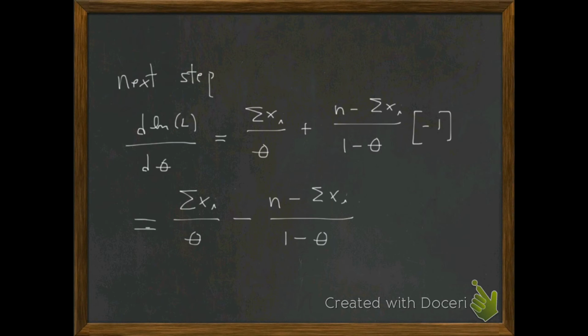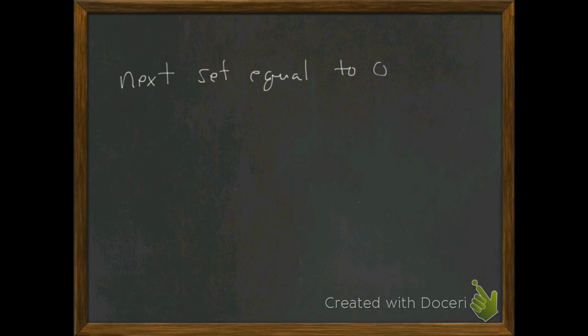And you can see that setting this equal to 0, we're ultimately just going to have two sides set equal to each other. Well, I would cross multiply.